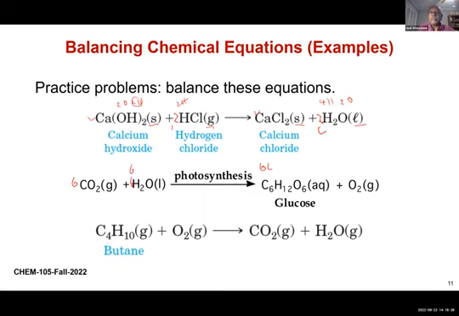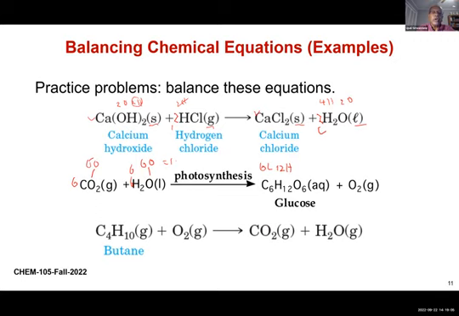Then 12 hydrogens. Now you try to balance the oxygen. There are 6 oxygens here. 6 times 1 is 6.